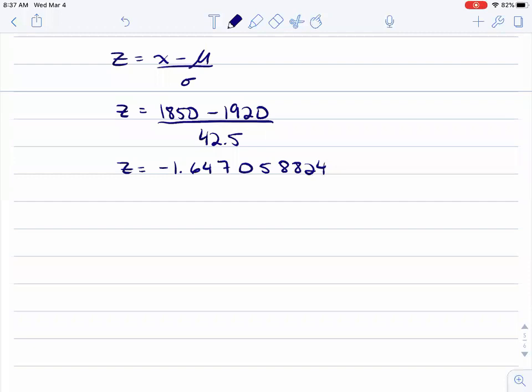We have to round z-scores to 2 decimal places, right, in order to use the z-table. So z is approximately negative 1.65.